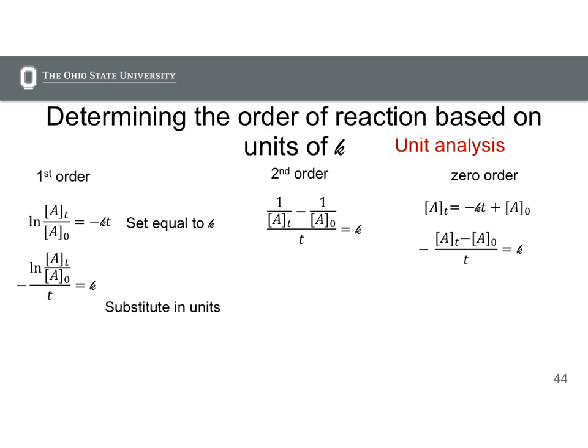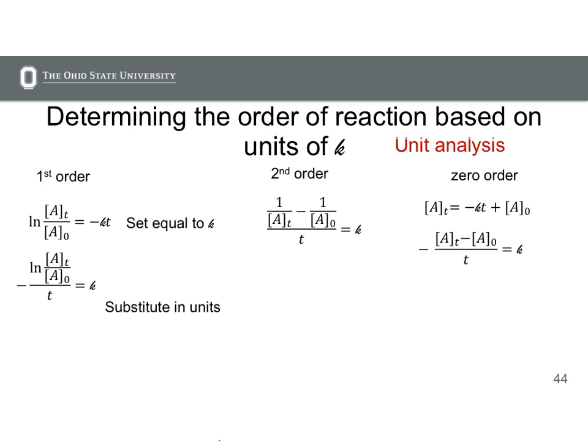I'm not going to go through every one of these and do the unit analysis, but essentially what we're going to come up with is what the units should be for first order, second order, and zero order. And when you see those units, you should know what the order is for the reaction, because they're not going to change in any way.